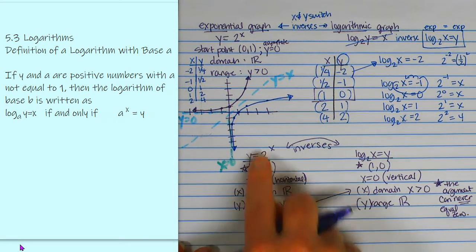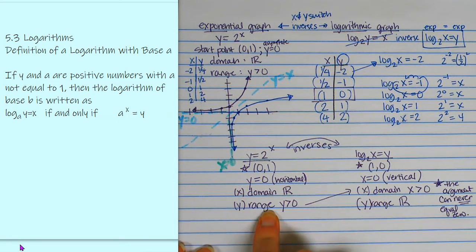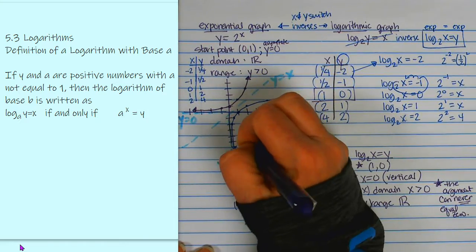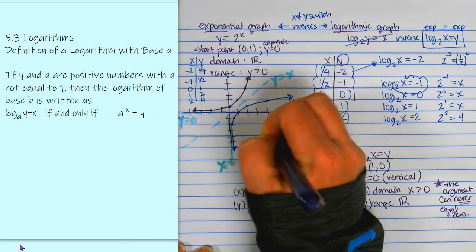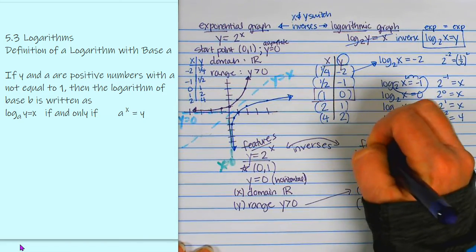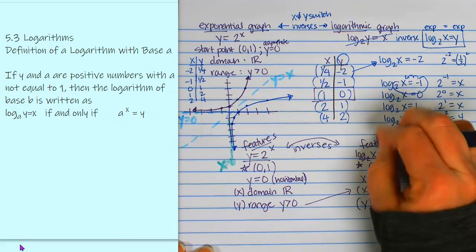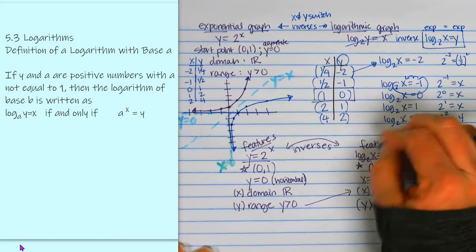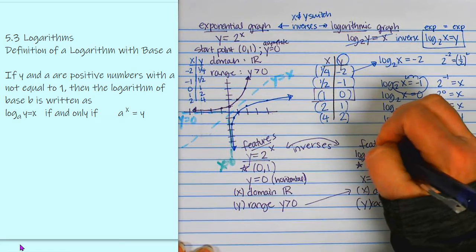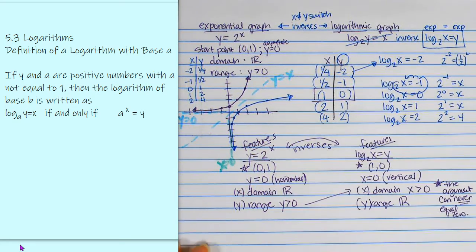Being able to tell the properties, or I had a great word for it yesterday, features. The features of an exponential graph versus the features of a logarithmic graph, they're so similar, but they're opposite.